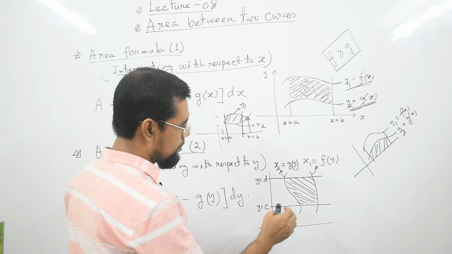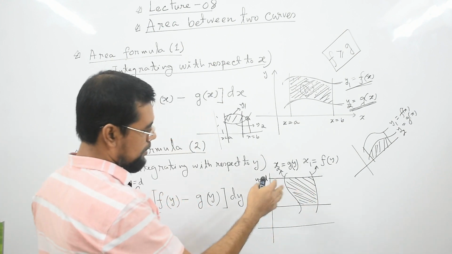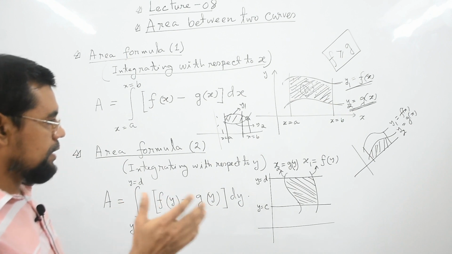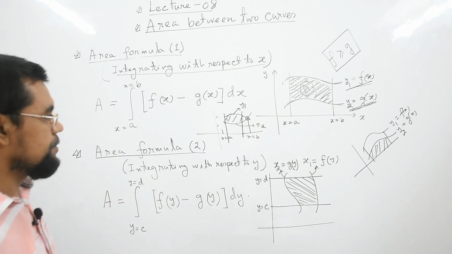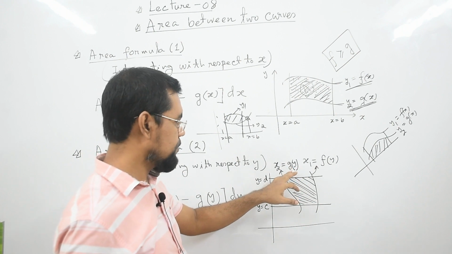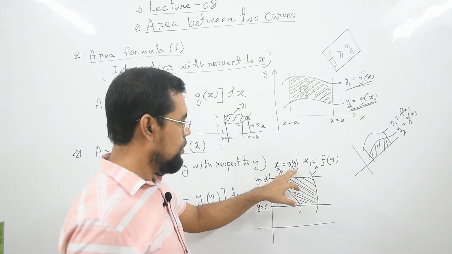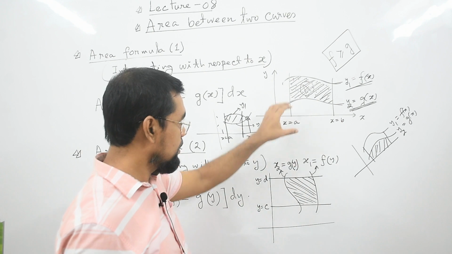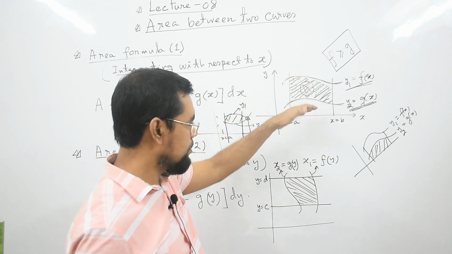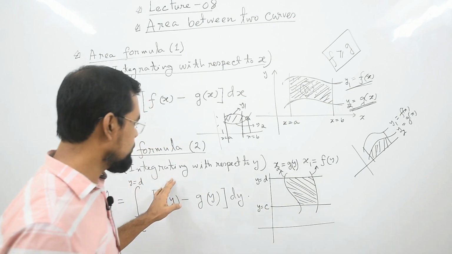Because the region whose area you want to calculate is bounded on the right by a curve and on the left by a curve, below by a line and above by a line. In the previous case your curves were above and below, but here you will use formula 2.